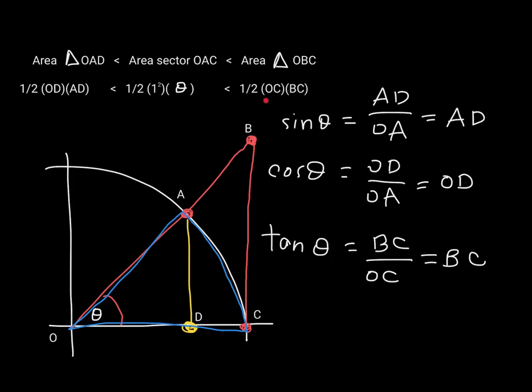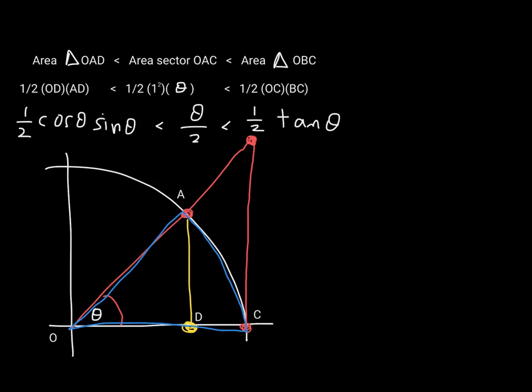Now, OC is equal to 1, and BC is equal to tangent theta. So I'll make those substitutions now. So this is what we have. Half cosine theta times sine of theta is less than theta over 2, which is less than 1/2 tangent theta.